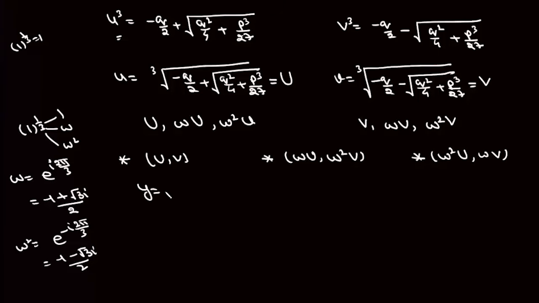So this y will be u plus v, or omega u plus omega square v, or omega square u plus omega v. So these are the three solutions to this cubic equation.